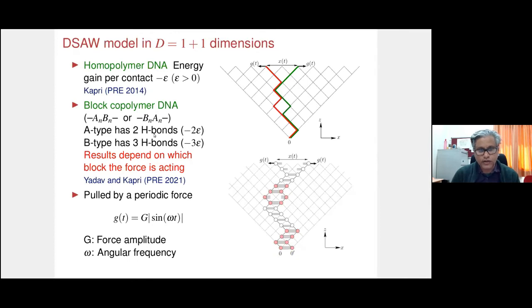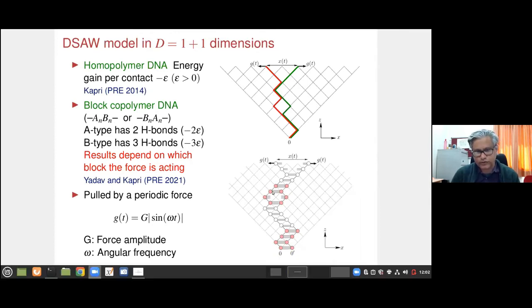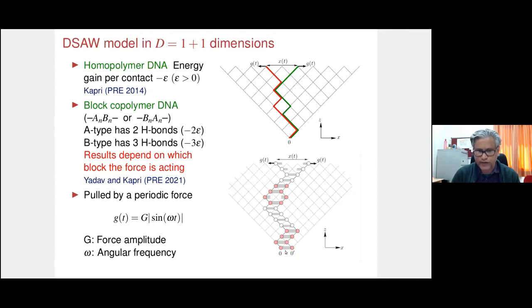Now, we anchor one end and apply a force on the other end. There can be two situations: you can anchor a B type base pair and apply force on the A type, which is shown here for n equal to 4, or the other way around.